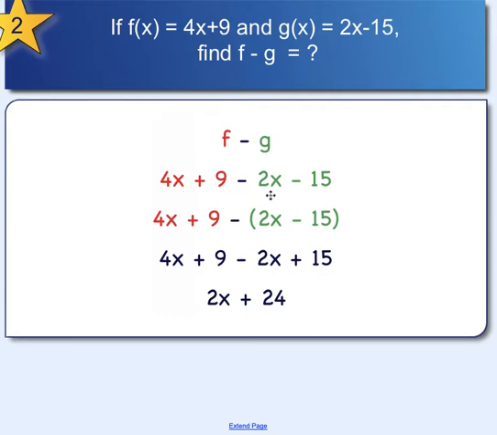However, we cannot leave this like this. We must put it in parentheses because this reminds us that we have to distribute the negative and it changes the signs. So we end up with 4x plus 9 minus 2x plus 15, which 4x minus 2x gives us 2x, and a plus 9 and a plus 15 give us plus 24.